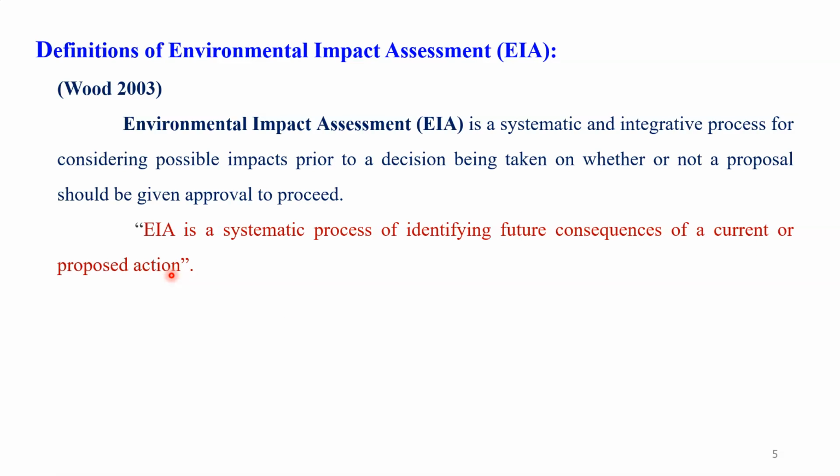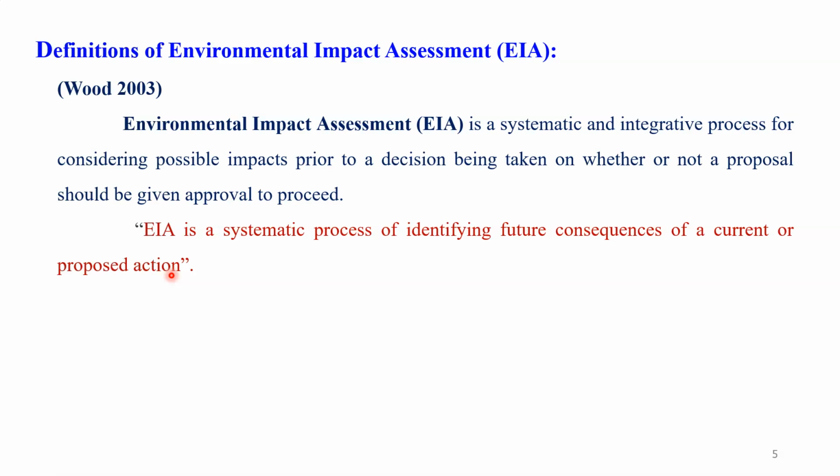It may be any project already working in any region, but we have to assess this project from time to time, because it may be possible that in the early assessment we predicted only a soft impact on the environment, but in future the intensity of that project might increase.